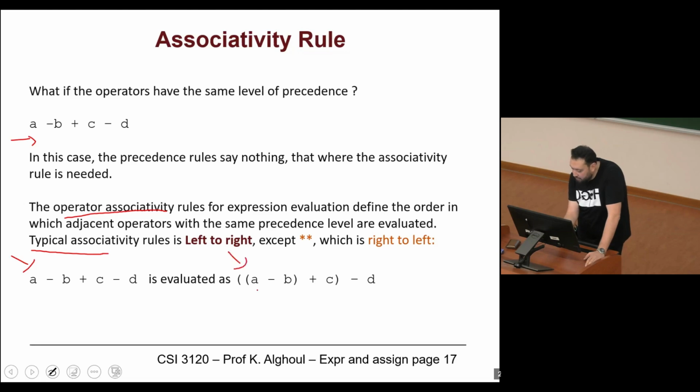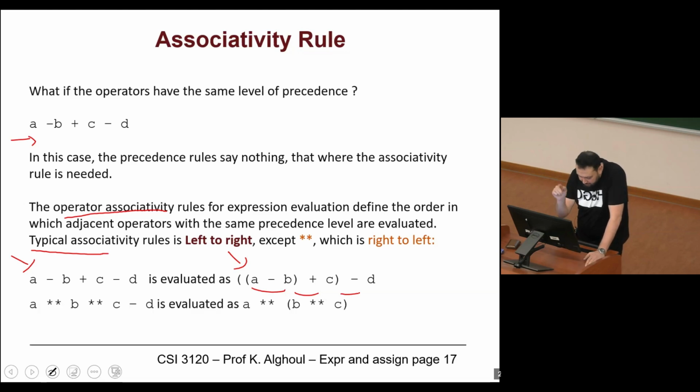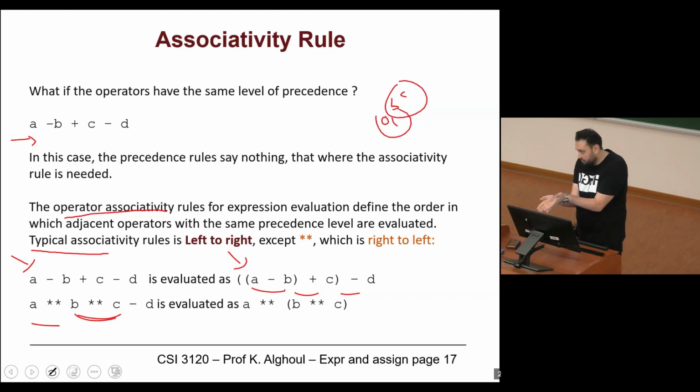It will look like this. So A minus B first, then the plus C, then the minus D, okay? But with exponentiation, we're going to do B and C first, and then A and B. Why? Because think about it like this, as if we're doing A, and then B also times C, so you have to solve this first to be able to use it with A, correct?